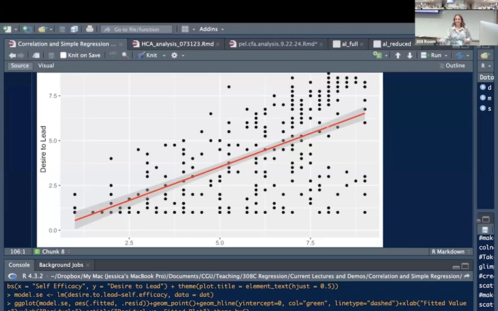So when we're reporting this and talking about our assumptions, do we say that from the scatter plot, it seems that the model fit may work best for those that are lower in self-efficacy? Yeah, that's fine to do. I've also done it where I just say the data are heteroscedastic, which may have implications for our interpretation of the model, and then I dive more into it in the discussion.